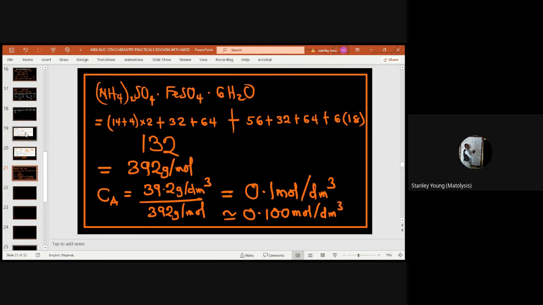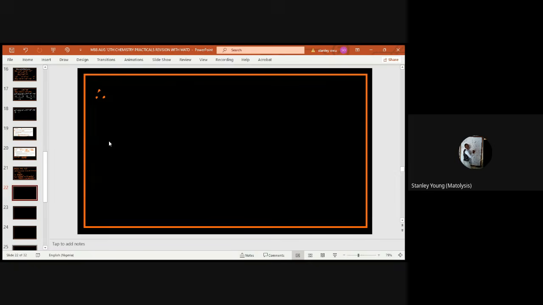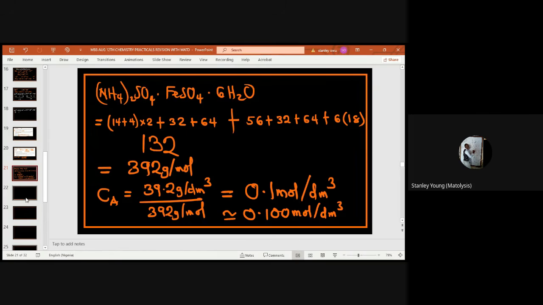So the next question is telling us to find the number of moles of iron 2 plus present in 25 cm cube pipetted volume of solution A. We need the number of moles of iron 2 plus present in 25 cm cube of solution A. What's the concentration of solution A that we calculated? 0.1.